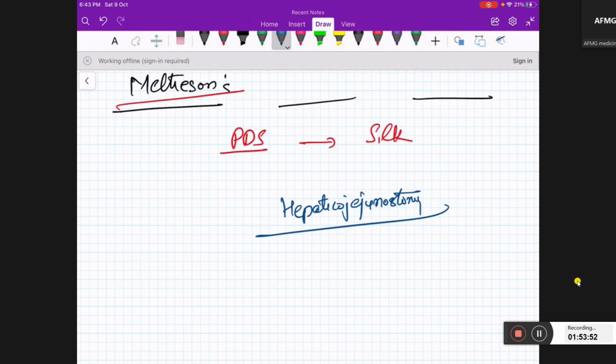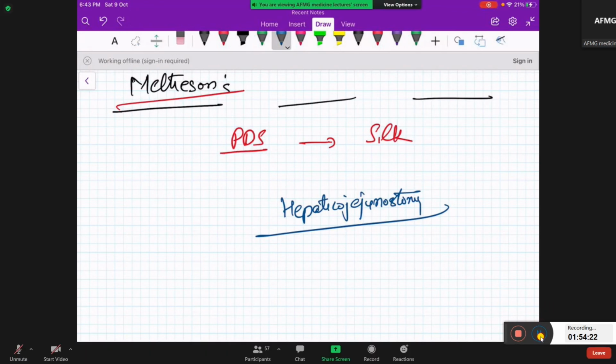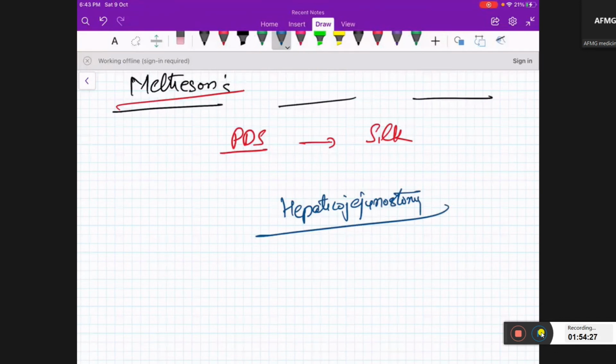We don't anastomose with the liver. We do the anastomosis between the hepatic duct and the jejunum. So which suture should we use? Because the hepatic duct has a risk of stone formation, we'll use vicryl. Understood?